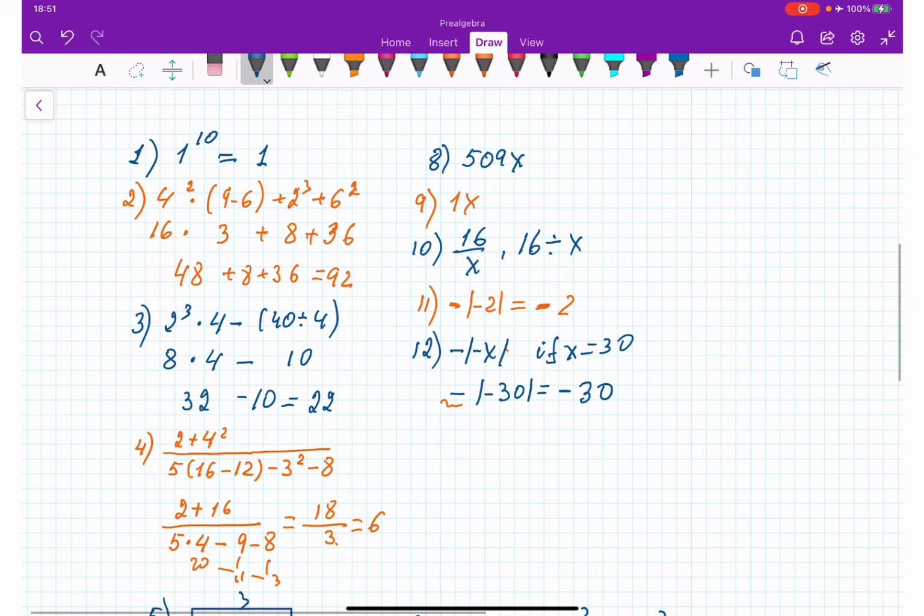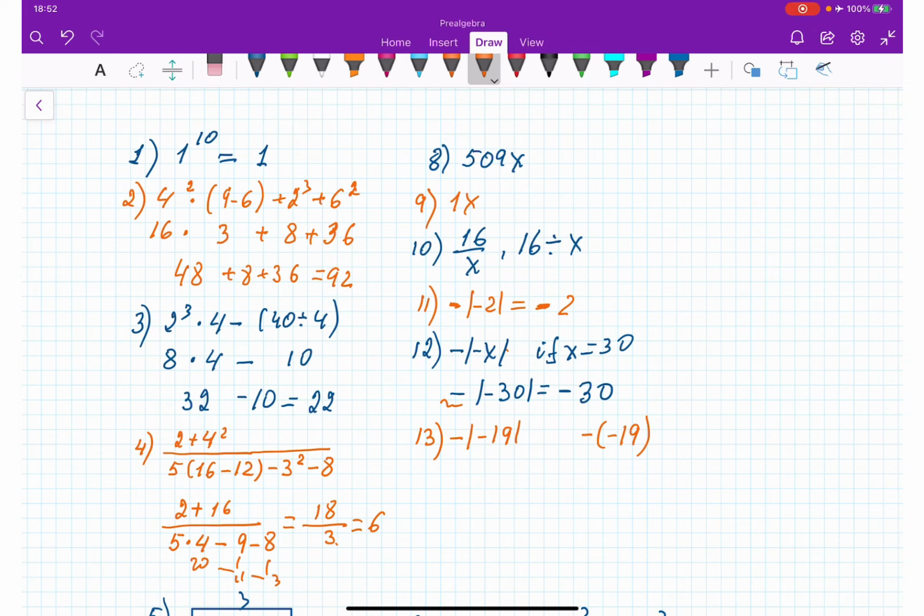Number 13. We have negative absolute value of negative 19, and negative 19. Make it more interesting. So we need to insert the appropriate symbol, greater, less, equal, yeah?